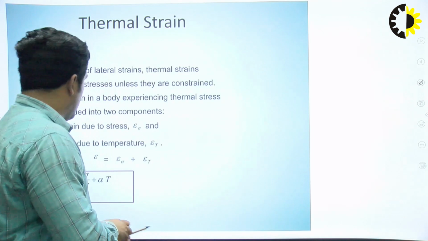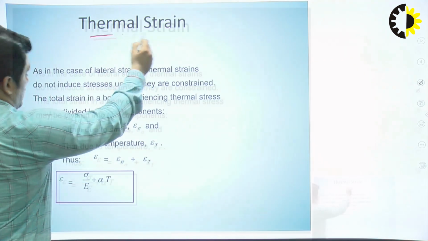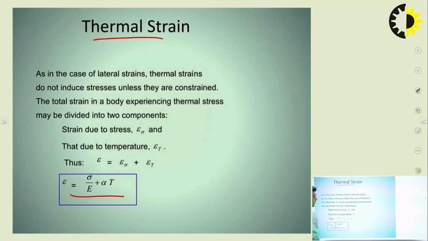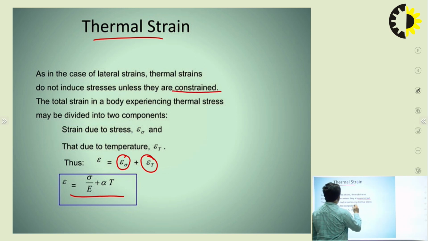Now see, thermal stress, the same concept has been explained here. Strain, this is due to mechanical and this is due to thermal, same as we have discussed previously. Always remember, when there are constraints, then the body experiences thermal stress.